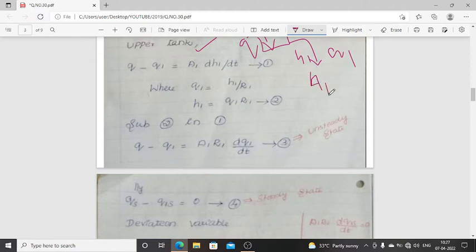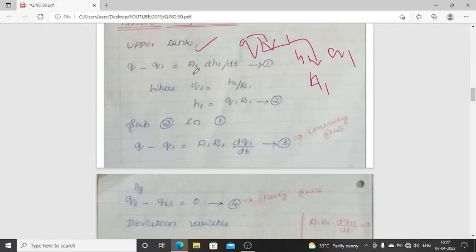First we should write the material balance: inlet minus outlet is equal to rate of accumulation, which we take under unsteady state condition. For this tank, inlet is Q, outlet is Q1.